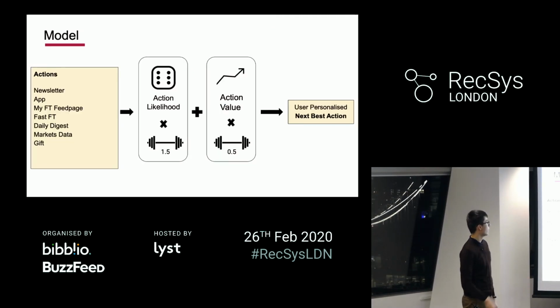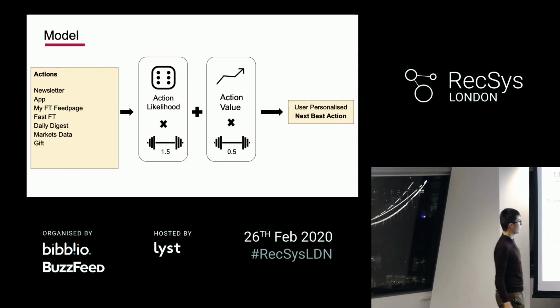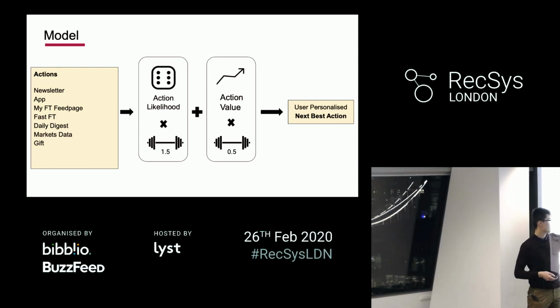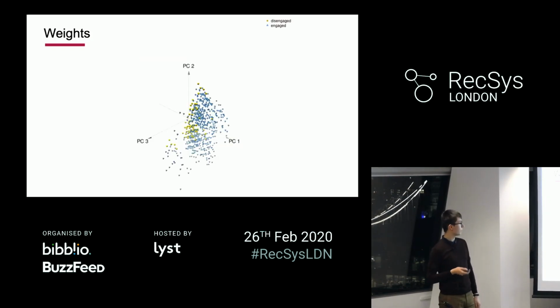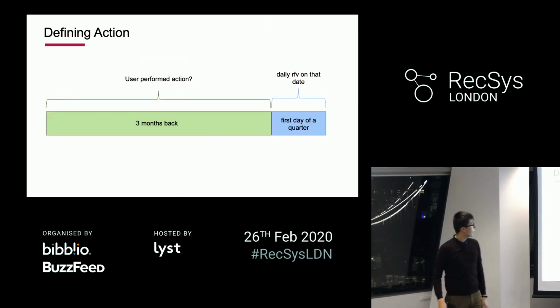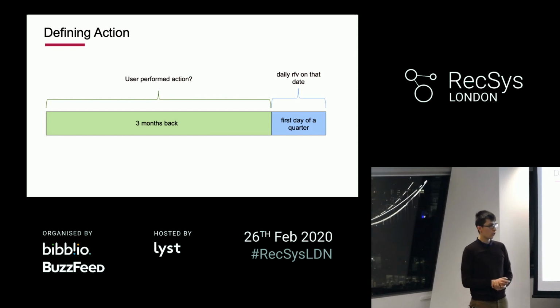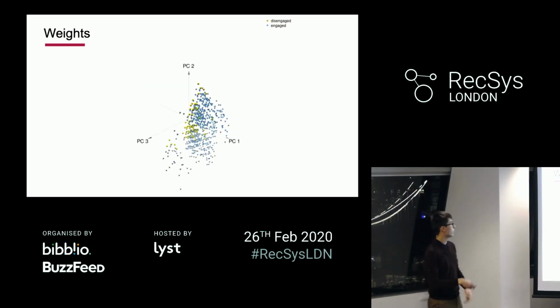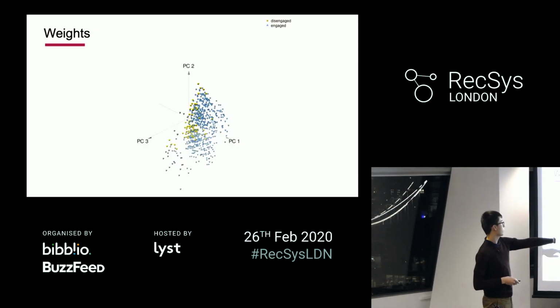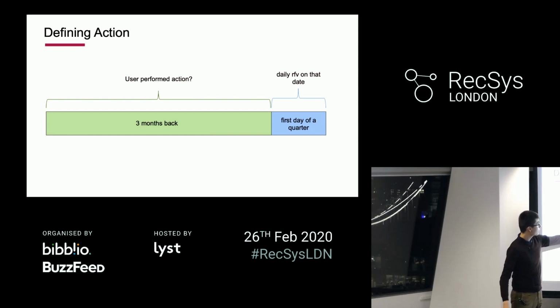So that's why we assume that the probability of a user taking a given action is way more important than the expected increase in engagement of this user. Then these are the inputs of our model. The inputs to both our likelihood model and the computation of action values are actions and the most recent engagement metrics.